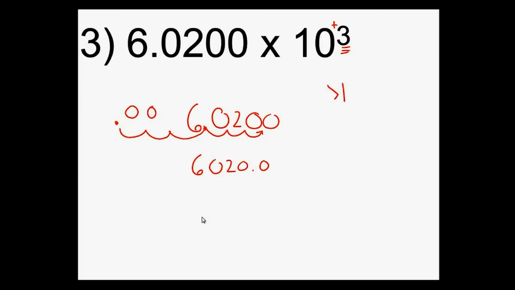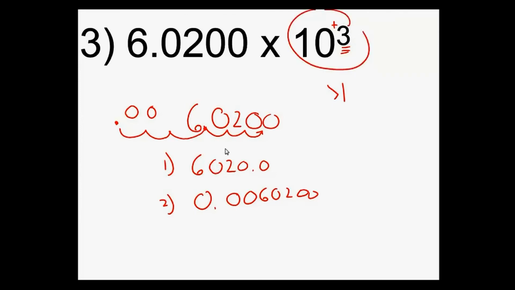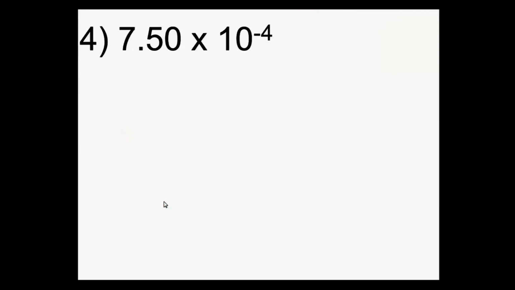It would be 0.0060200. Those are your 2 choices, depending upon how you move your decimal point. And because I know it's a positive exponent, that means a big number, a number greater than 1. This is my answer, and this is not. If it was -3, yes, that would have worked.